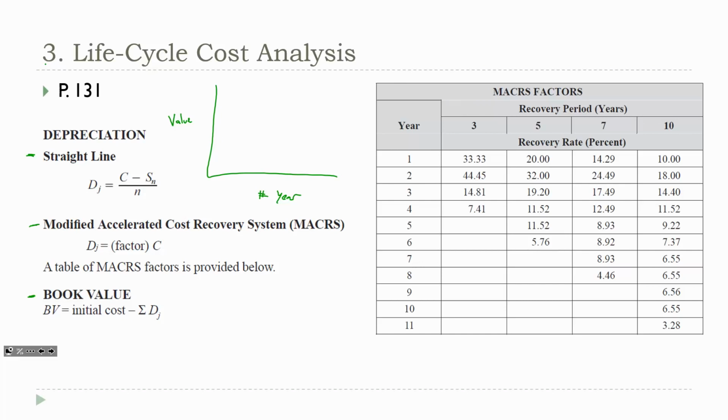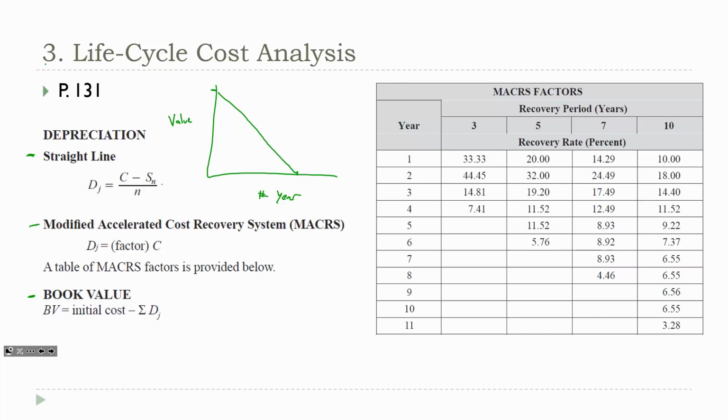For straight line depreciation, you're going to use this equation to calculate a uniform amount that depreciates every year. You start off at whatever its initial worth was, and by the time you fully depreciate it, you're down to 0 at the end, so it looks like a straight line. The other one, declining balance, might be one that you talked about in class, but they don't cover it on the FE exam.